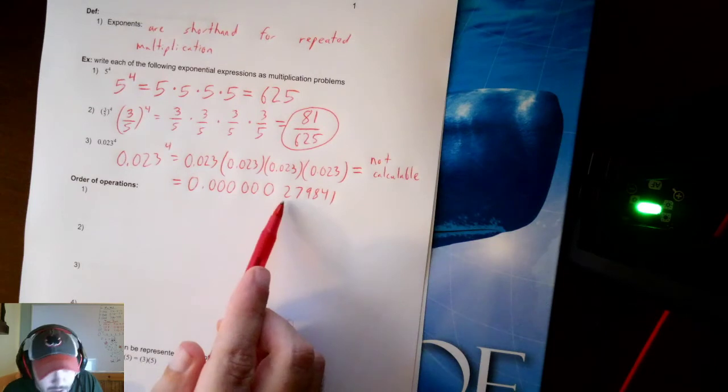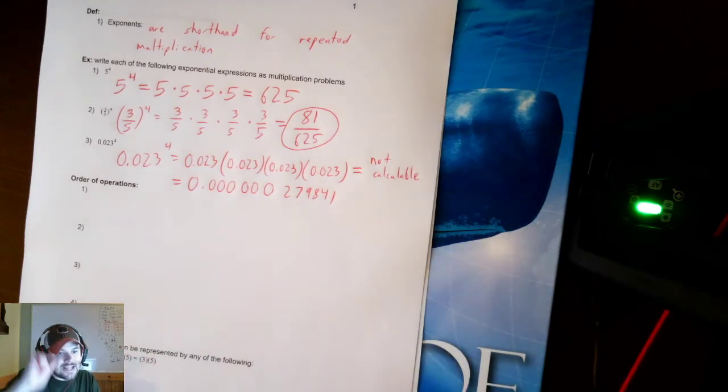Very small number, right? Very, very tiny. So sometimes numbers might not be calculable because they're so small or so large.